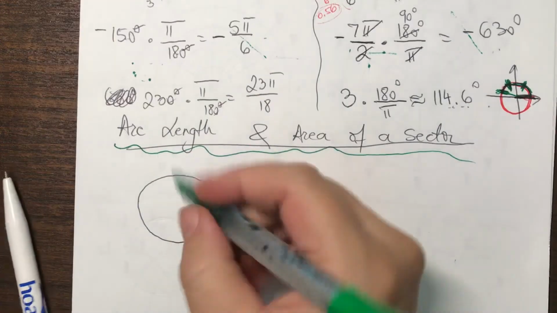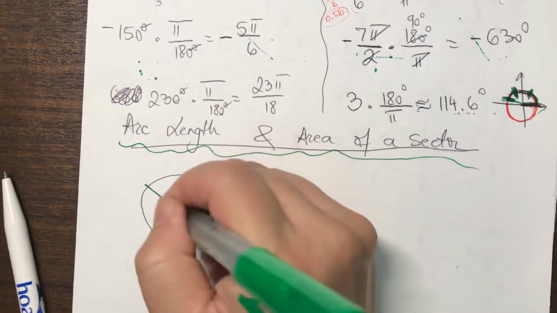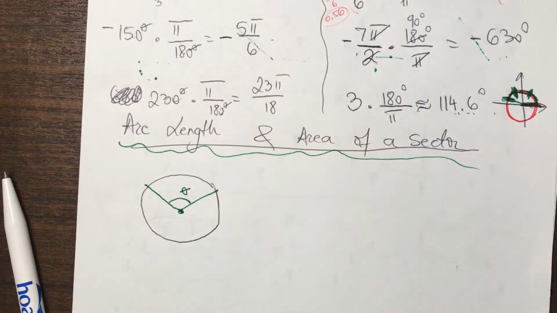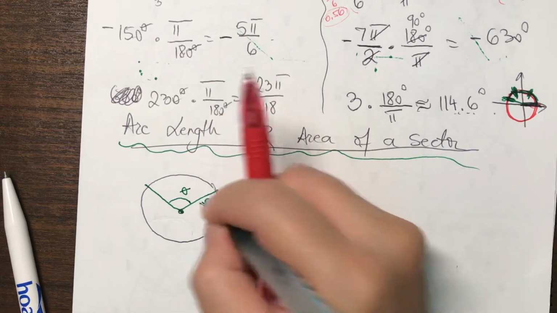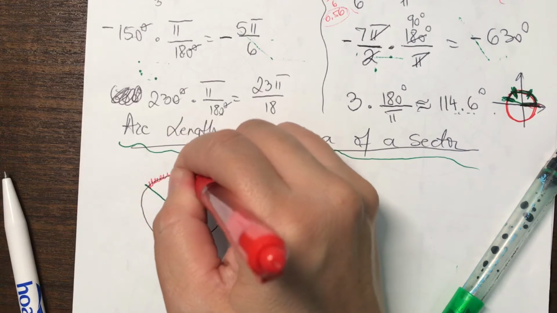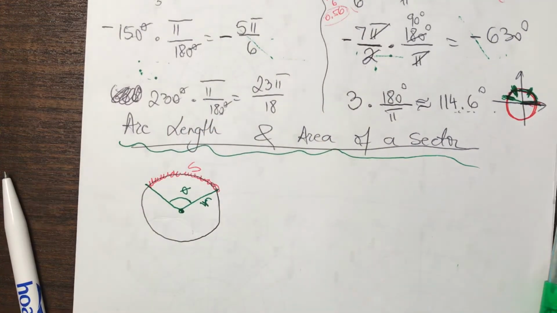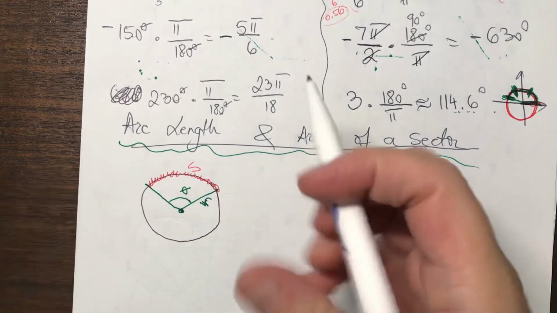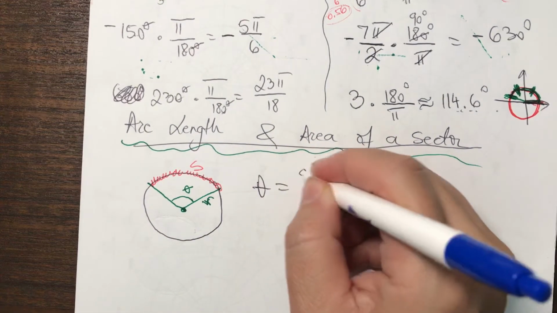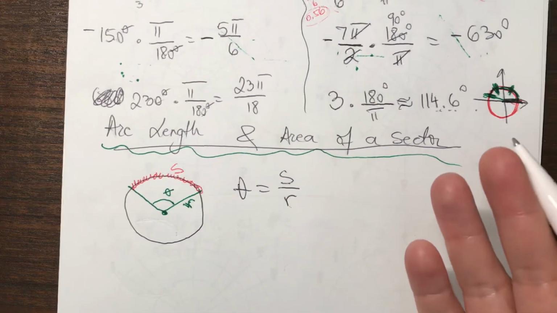And going back to a formula I already wrote, if you have an angle theta, this is the radius, and this is the arc length. Then what did I say? I said that theta is equal to S over R, and if S is the same as R, then we're measuring 1 radian.